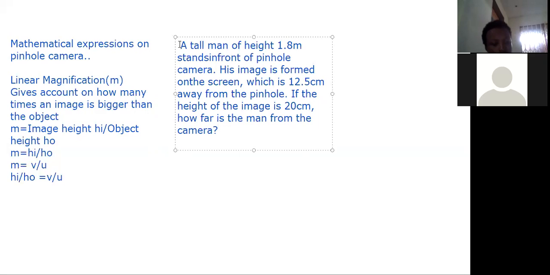So let's do the solution. I hope you can see the question. A tall man of height 1.8 meters stands in front of the pinhole camera. So the man becomes the object, and the height of the object is 1.8 meters.